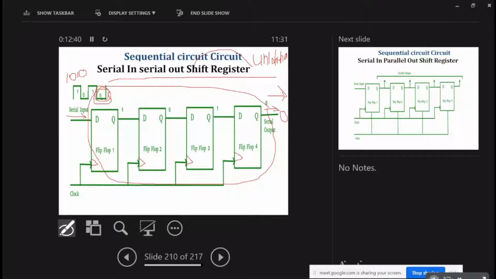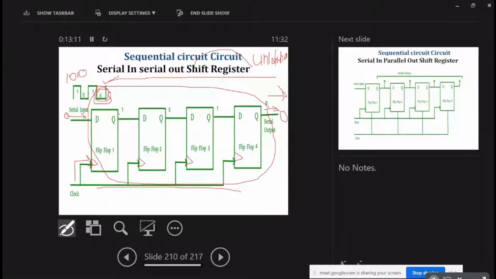So first, this is the LSB. First, the LSB will go inside the register. So this is 0. Okay, the first clock pulse arrives, because this common clock is given to all the flip flops, and all those 4 flip flops are connected serially.